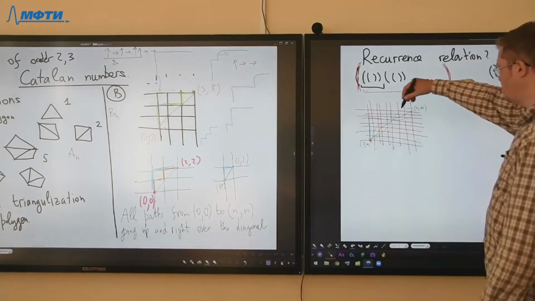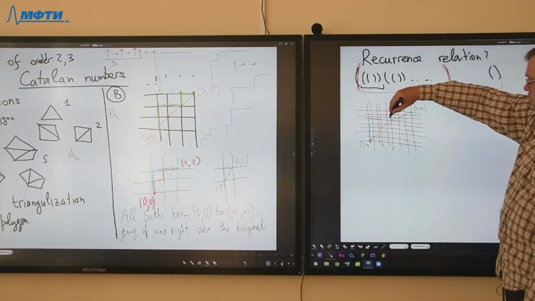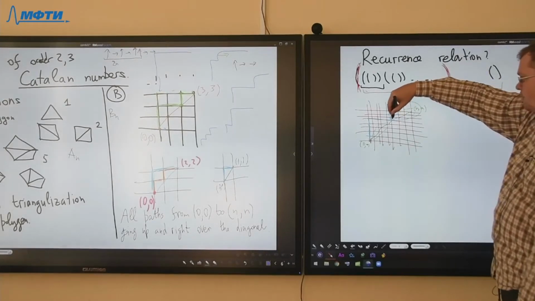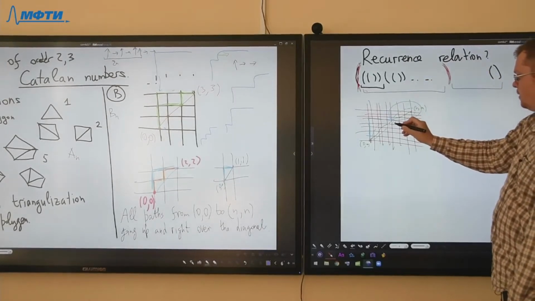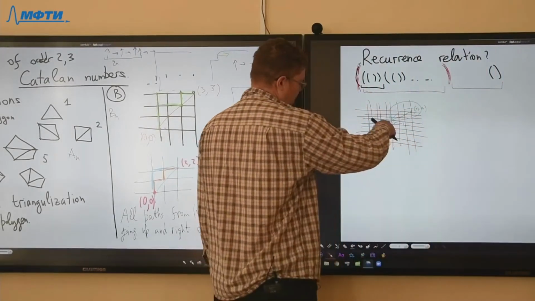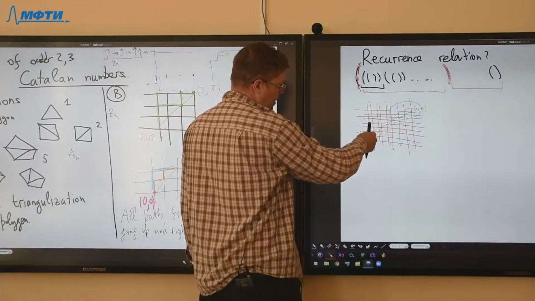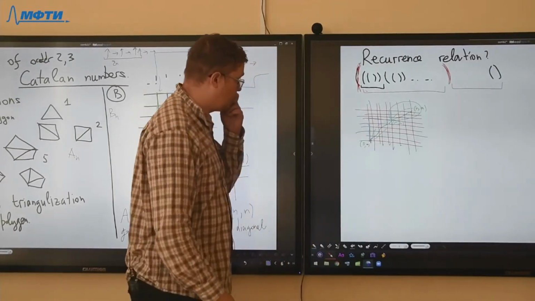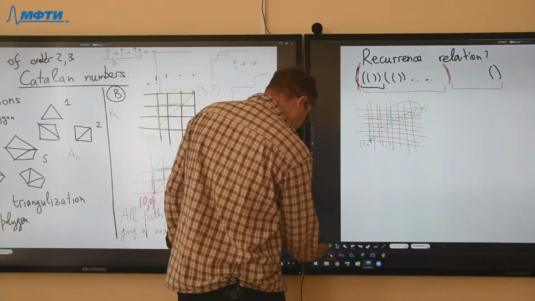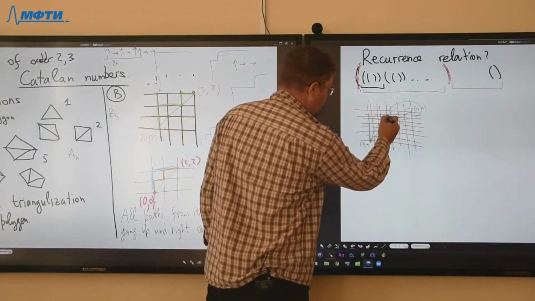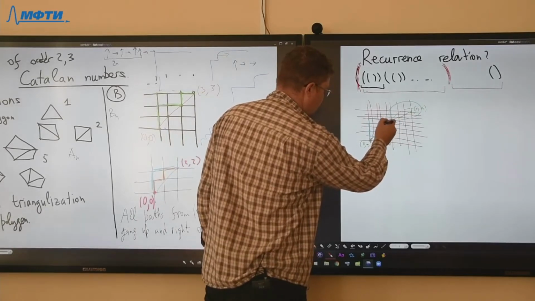So here we can meet all types of paths from m, m to n, n, and here I need to shift this diagonal because I take the first intersection. Then this path will go strictly above the diagonal. So I need to shift it a little bit and look at this diagonal.